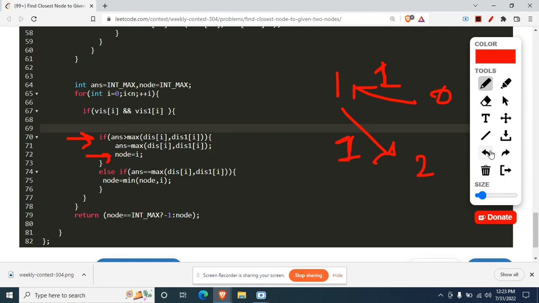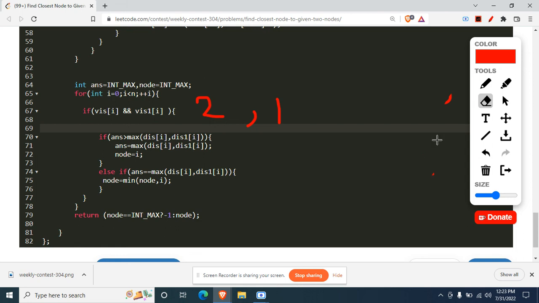Now, in the question, it has been said if two nodes, let's just say for here, the distance is 2 and 1. So let's just forget about this graph. Let's just forget this graph exists for now. Let's just say there are two nodes, that is 2 and 1. Both can be reached from some node by a distance of 1. So now which node to return?